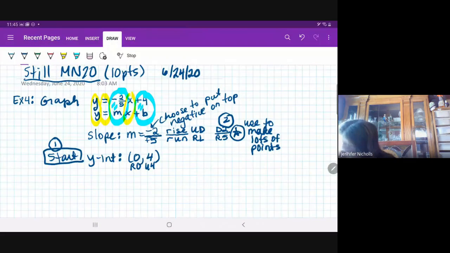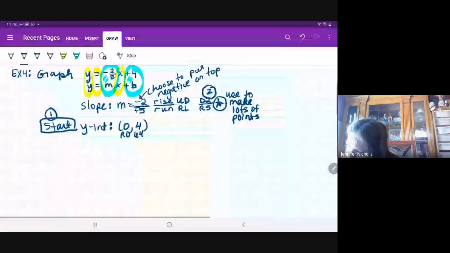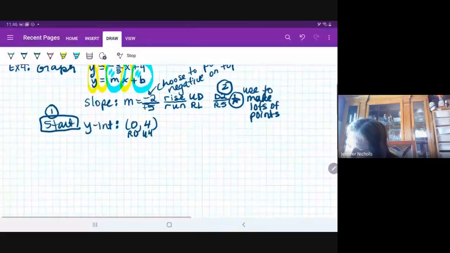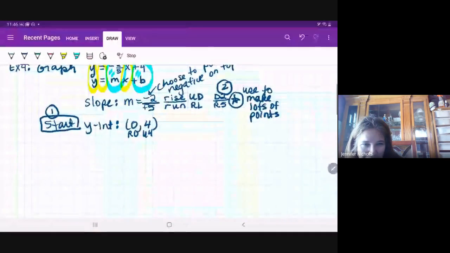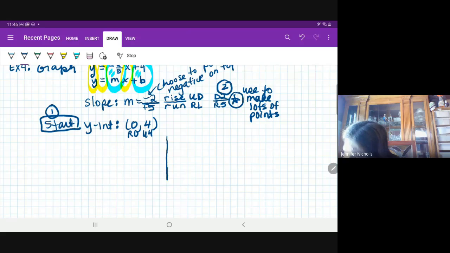Okay, so this graph, let's kind of make it in the middle because it's saying go to the right 5. So I'm thinking if I put it on the right side of the graph, I'm going to run out of space fast. So I'm going to put it right in the middle. Okay, so you guys, let's put it right in the middle.